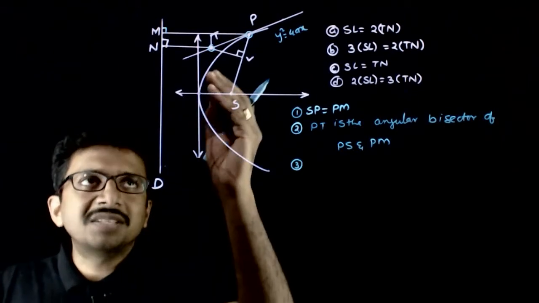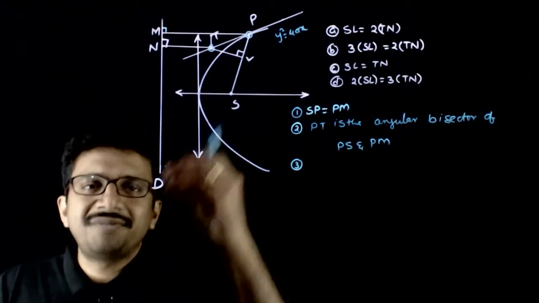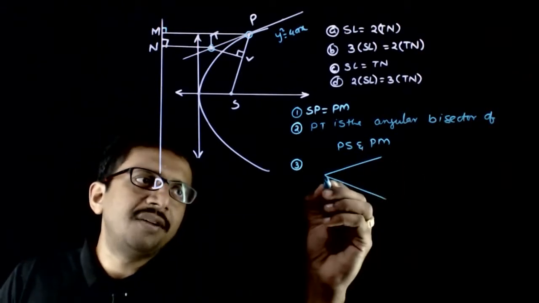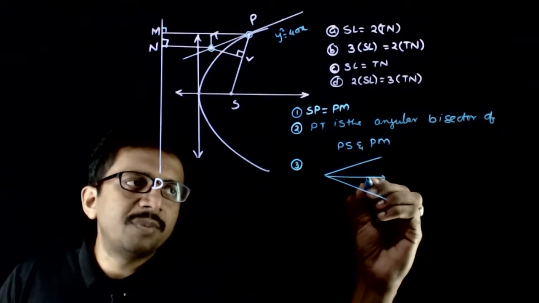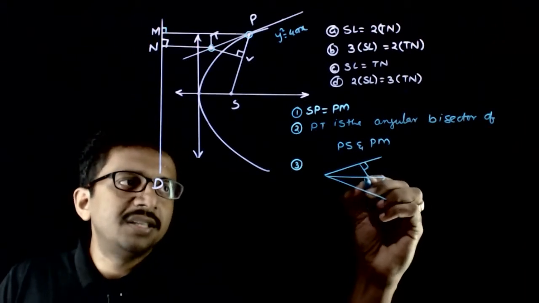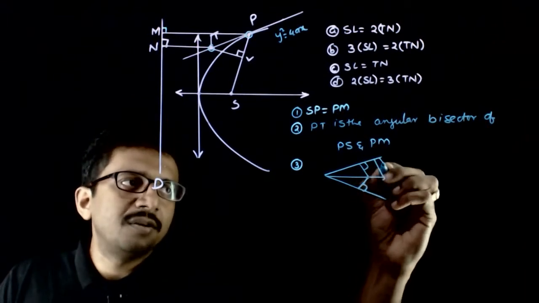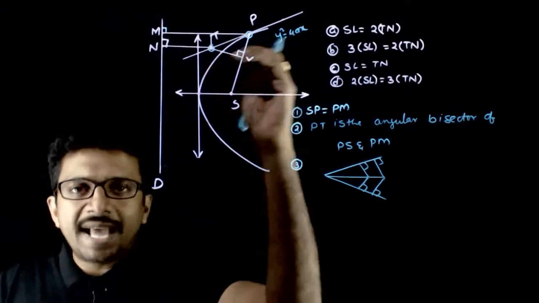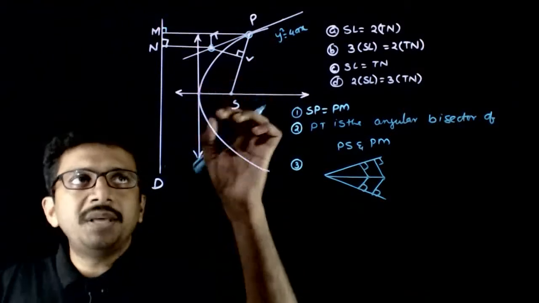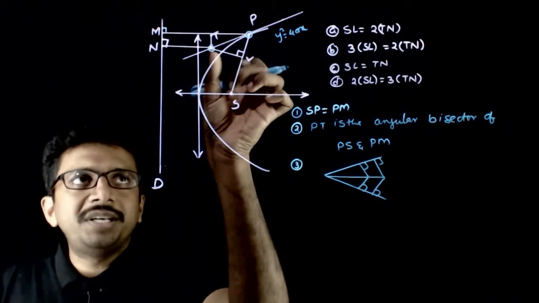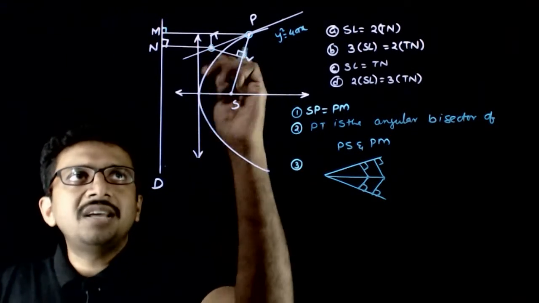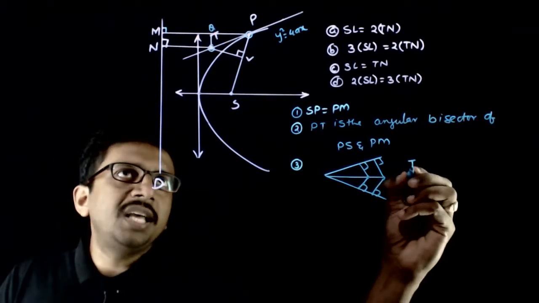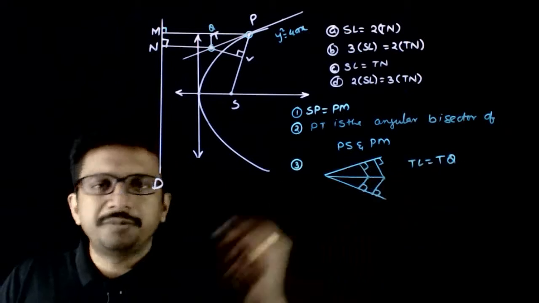In this diagram, the scale is not very good because it's a freehand diagram, but if you have two lines and an angle bisector, then from any point on the angle bisector, the lengths of perpendiculars will be equal. If PT is the angle bisector of PS and PM, obviously if you take a point T, the perpendicular distance is TL, and let us write the other as TQ.